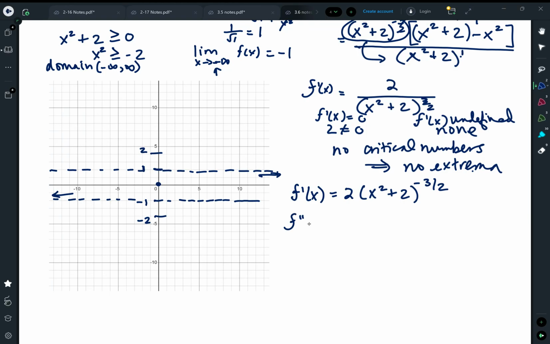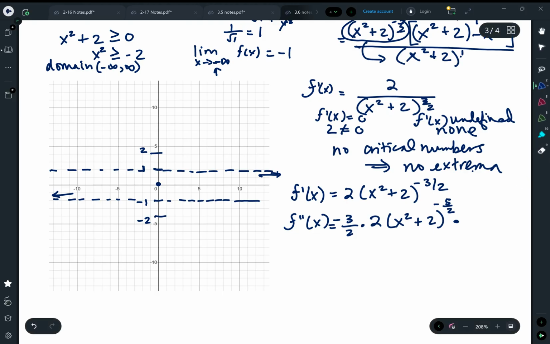So my second derivative, I would multiply my exponent in front and subtract 1. So negative 3/2 minus 1 is now negative 5/2. And then times the derivative of the inside. So my inside function is just the x squared plus 2. So the derivative of that is a 2x.